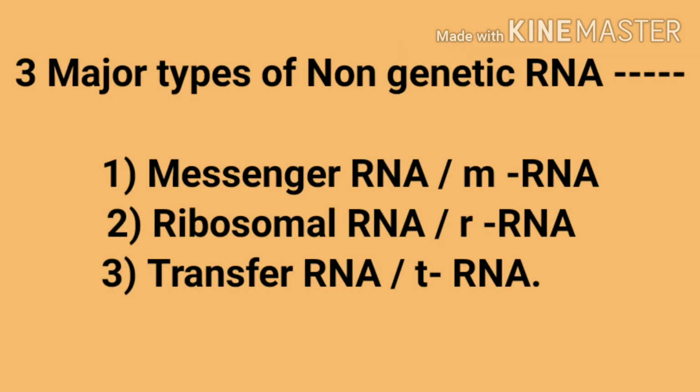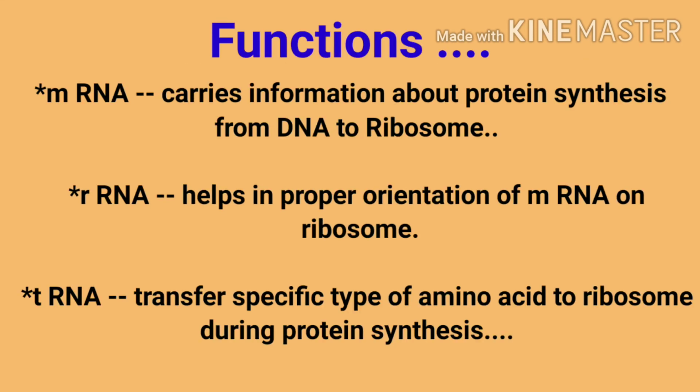Let's see some major types of non-genetic RNA. The first is mRNA, that means messenger RNA. Then second is rRNA, that means ribosomal RNA. And third is tRNA, that means transfer RNA. Let's see in brief the functions of all these RNAs. So, mRNA, that means messenger RNA, carries message for protein synthesis from DNA to ribosome.